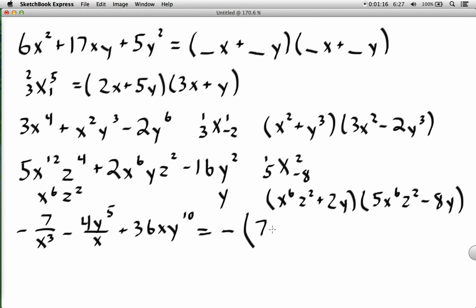So this is going to be negative 7x to the negative 3, minus, or plus now, since we're switching all the signs since we factored out the negative, plus 4x to the negative 1, y to the 5th, minus, we flip that sign, 36xy to the 10th.